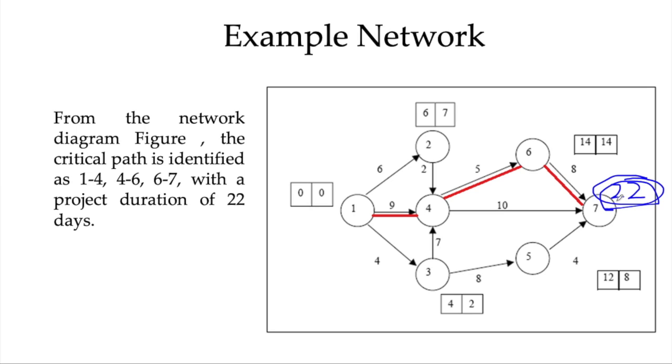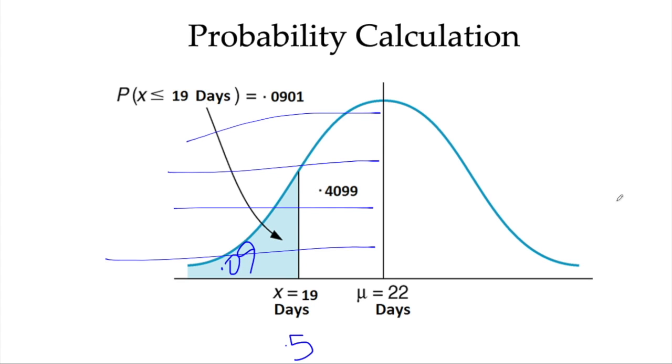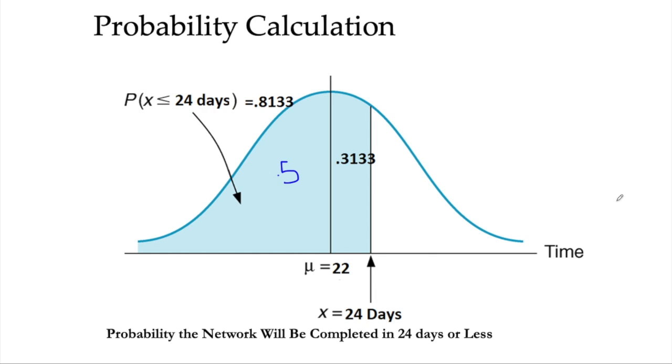Once you have found this, the questions can be, what is the probability that this project can be achieved within 22 days? It can be finished within 20 days, it can be finished in say 30 days, and so on. That sort of question we can compute using the normal table and by using these sorts of techniques.